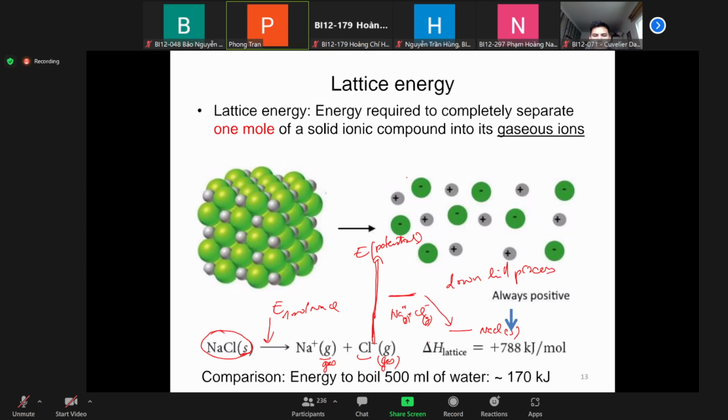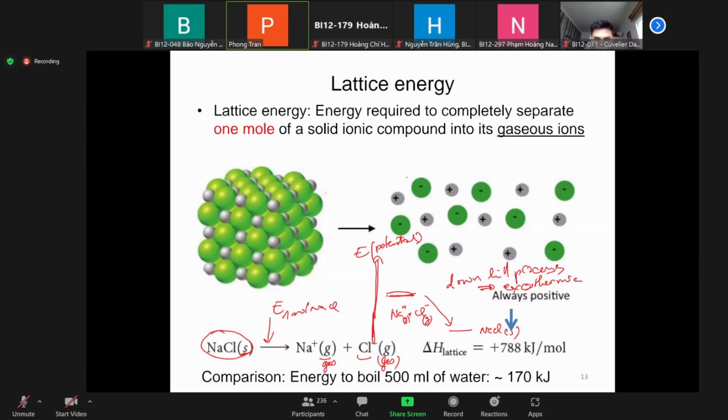That means you go from the higher potential to the lower potential. So this process is exothermic, and you see, when it interacts, it generates a huge amount of energy.